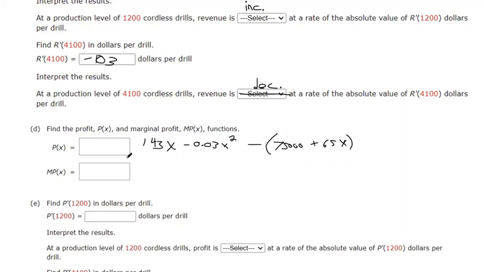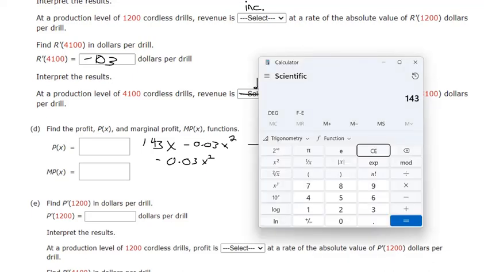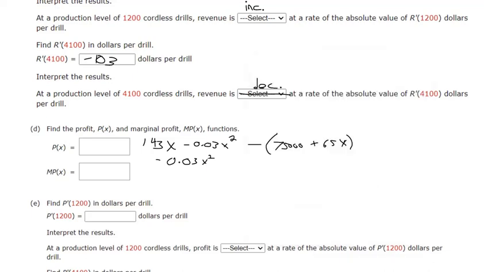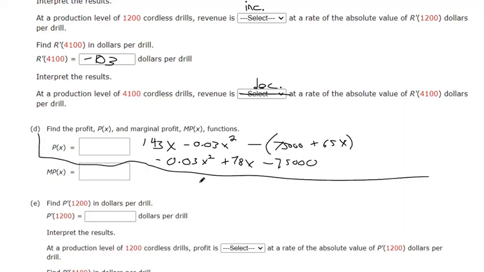And then you could clean that up, but that's the profit function. So we got negative 0.03x squared for the leading term. And then we got 143x, we're going to be subtracting 65x. So we got positive 78x. And then minus the 75,000 here.